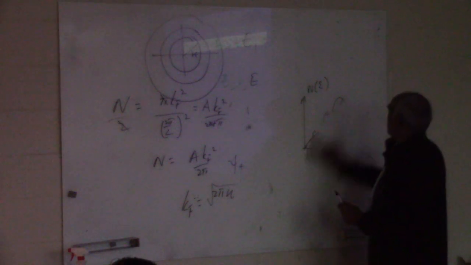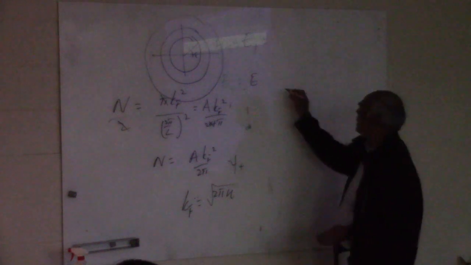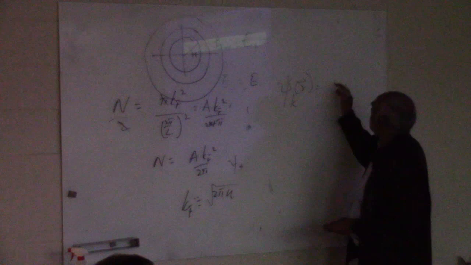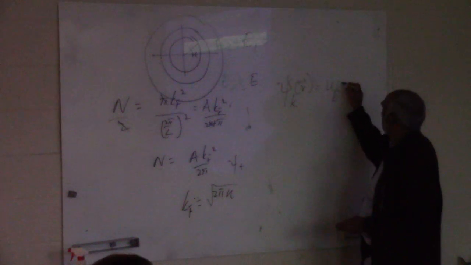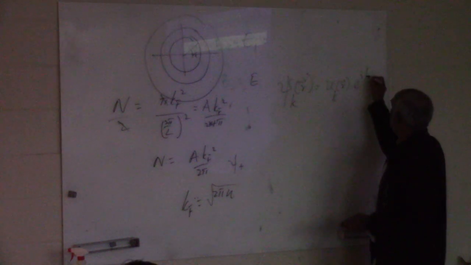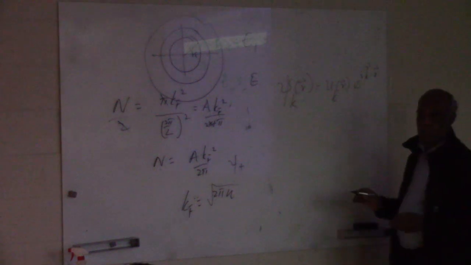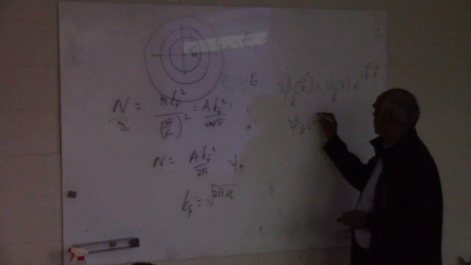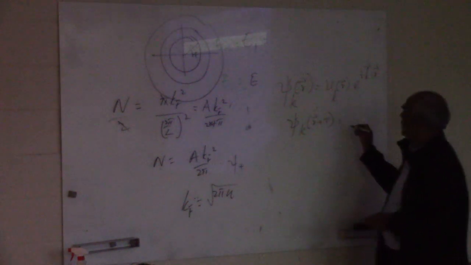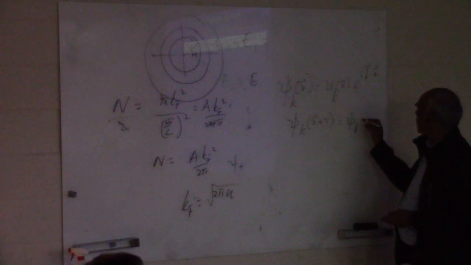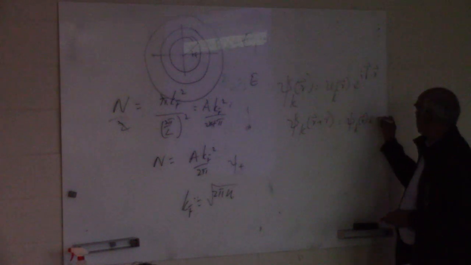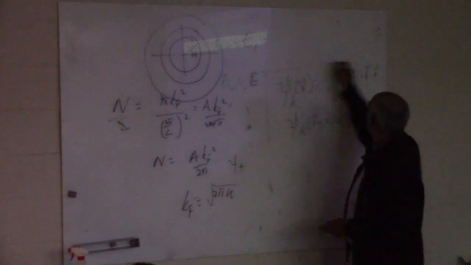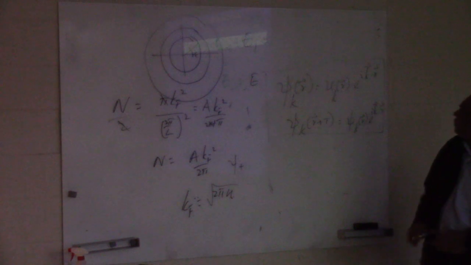One way to write Bloch's theorem is psi_k(r) is u_k(r) times e^(ik·r). Or you can write psi_k(r plus T) as psi_k(r) times e^(ik·T). Exactly the same. You can write your Bloch function this way or this way.